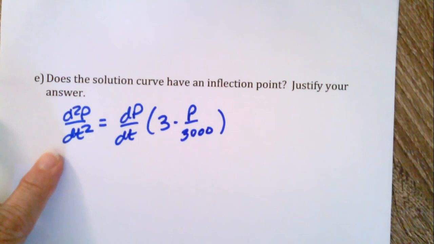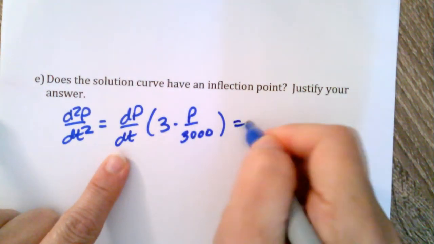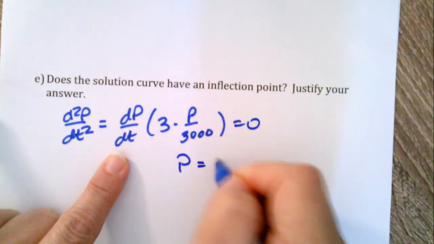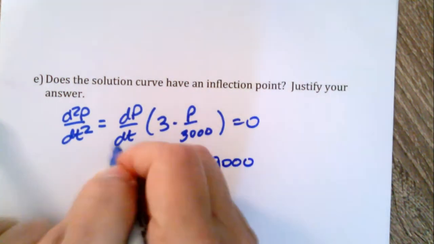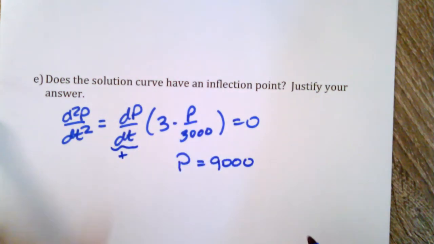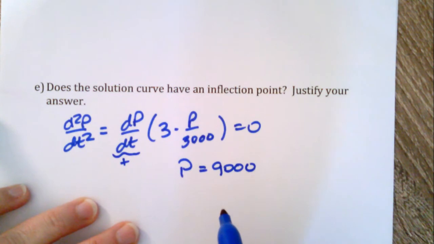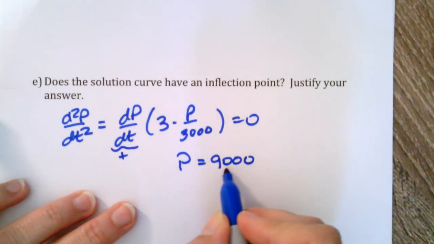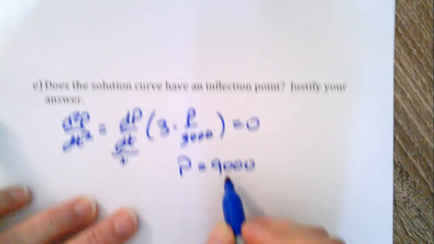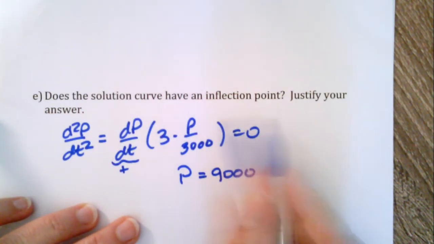This second derivative is only equal to 0 whenever P is equal to 9,000. That's what we found when we worked this problem previously, because again, this factor is still always positive. But in this case, since my range is starting at 10,000, which is higher than 9,000, that means for this particular solution curve, we do not have an inflection point.